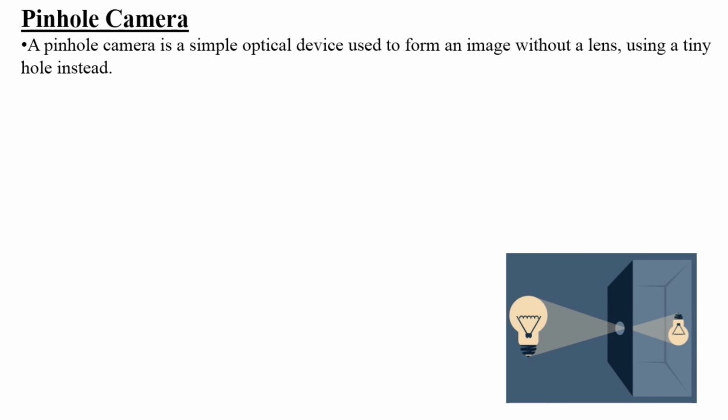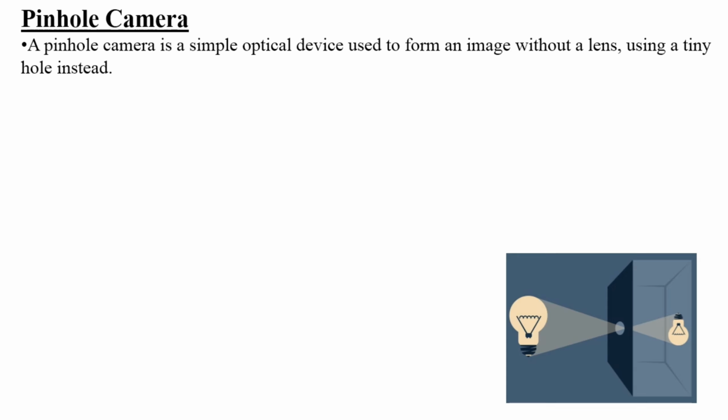Now let's explore a cool device called the pinhole camera, one of the simplest ways to form images without using a lens. A pinhole camera is basically a closed box with a tiny hole called the pinhole on one side. You can see the image.